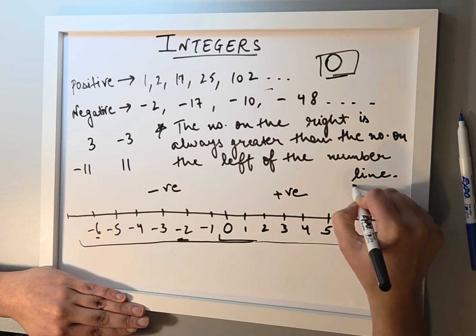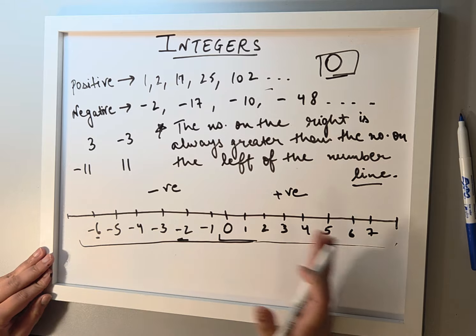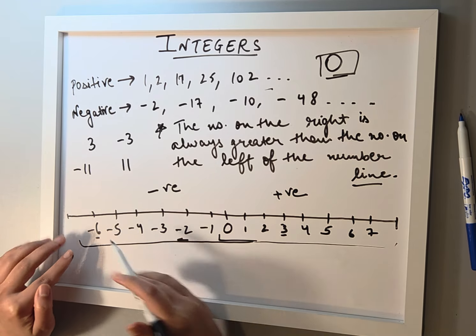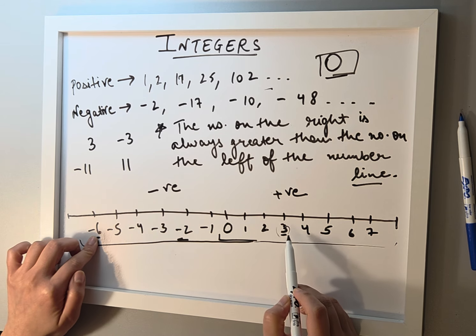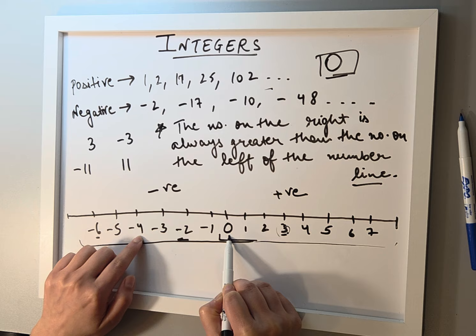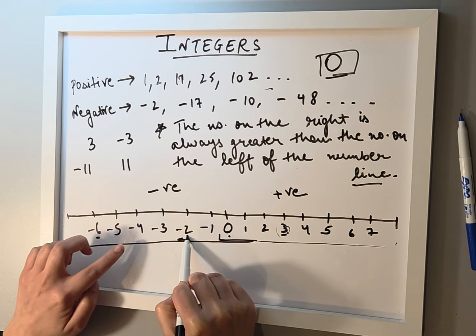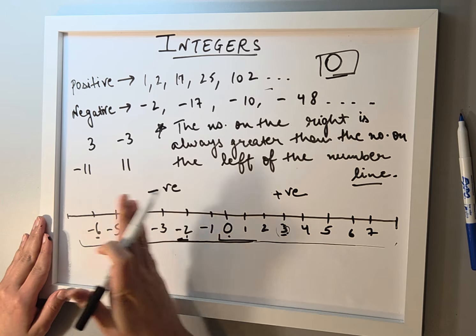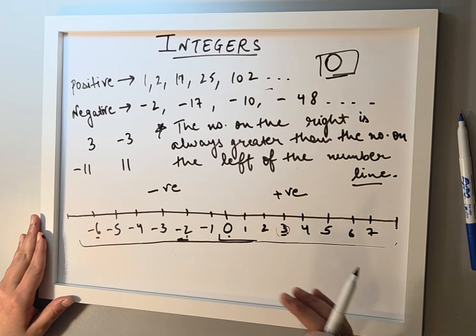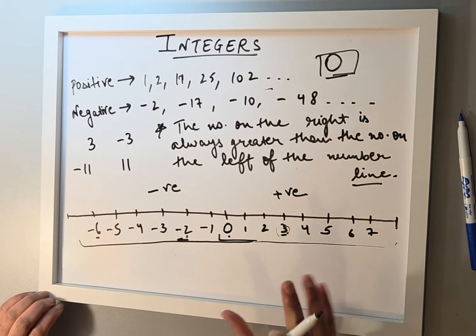So it's always safe to say any number on the right will be greater than a number on its left. So 3 will be greater than minus 6, 0 will be greater than minus 4, minus 2 will be greater than minus 4. So the number towards the right will always be greater than all the numbers on its left.